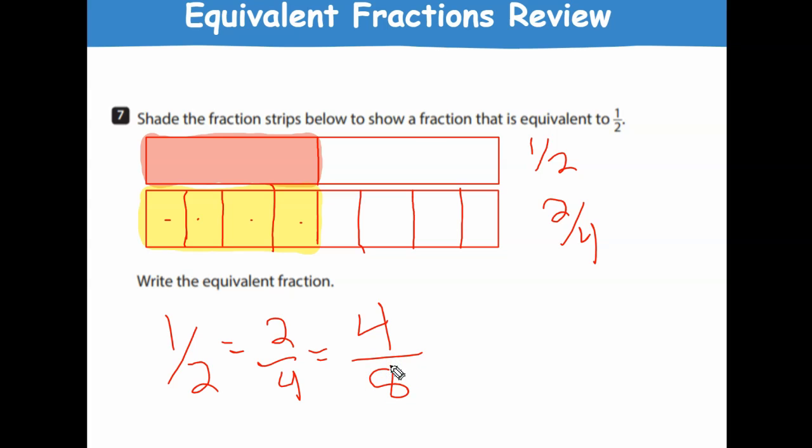So 4/8 is also equal to a half. If I cut it to this, yeah, that's good. So 4/8 is also equal to a half.